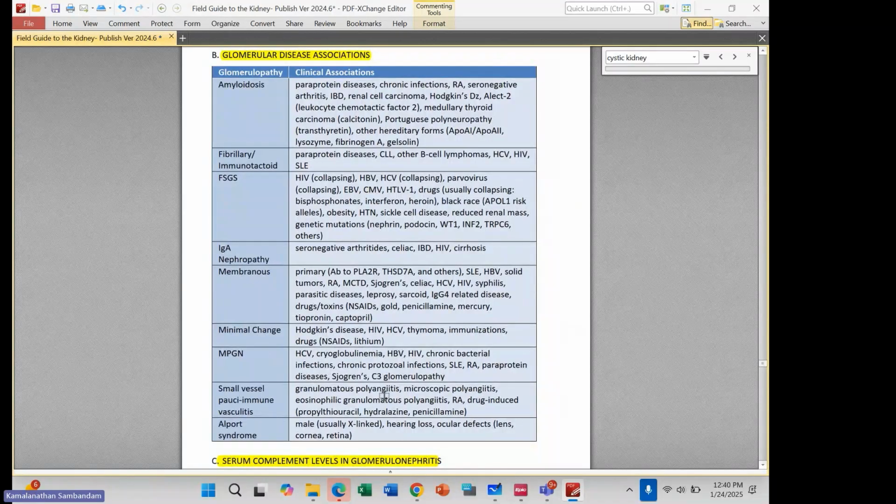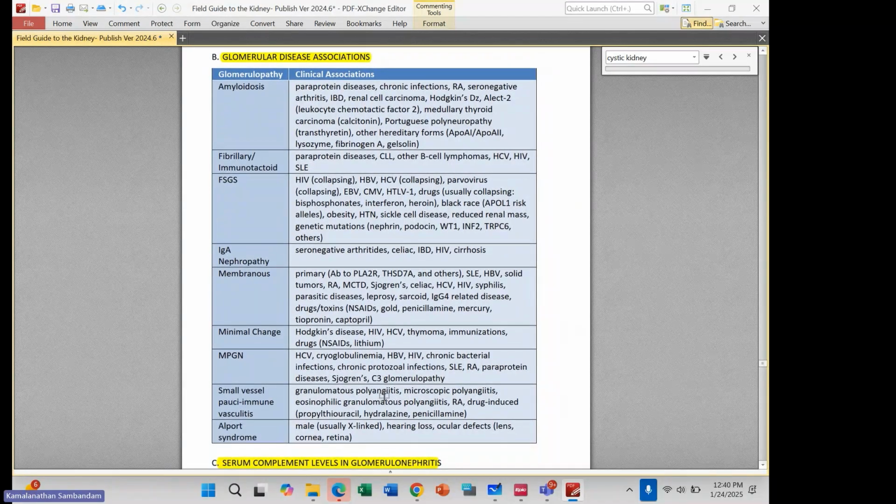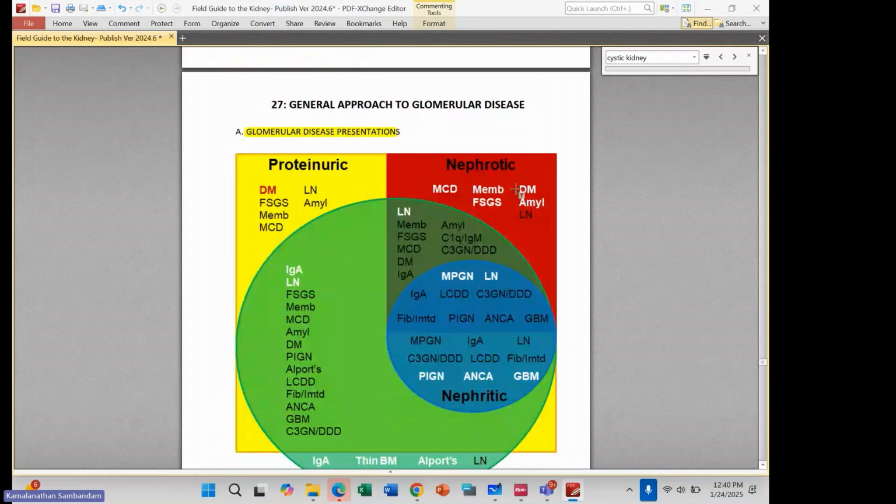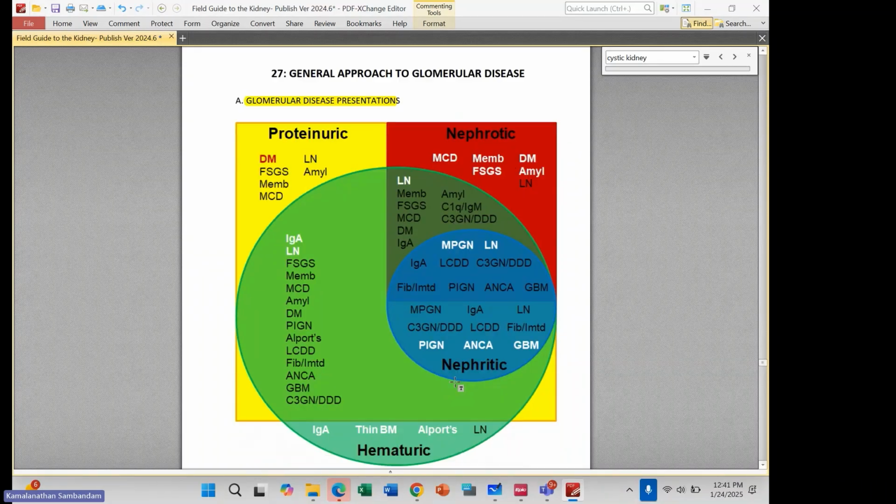So let me take one step backwards. When you're making a diagnosis of GN, one of my practice principles that I try to teach is don't just use the terms nephrotic and nephritic, because you'll end up tangling yourself in knots if you constrain yourself to only those two buckets. That's why I choose to present it in this way.